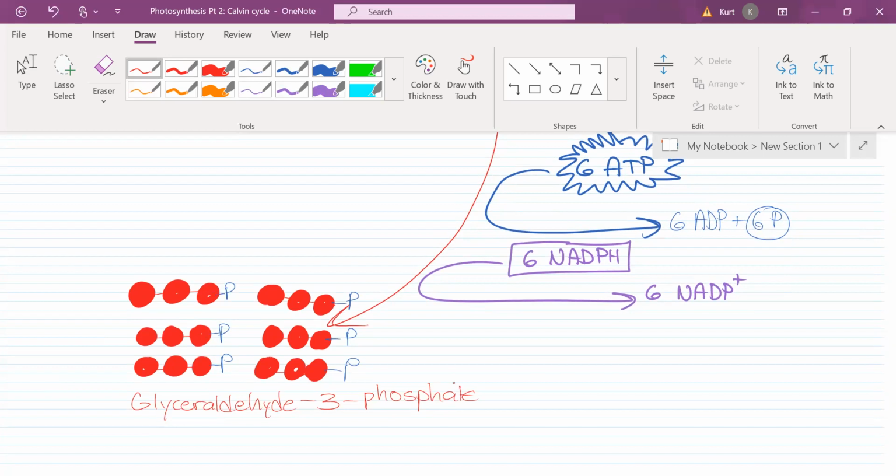Yes, Ayla? So is it like for every 6 reactions or over how many ATPs you produce, you get 1 Calvin cycle reaction, or is it 1 after the other? I don't understand what you're asking. So you know how you need 6 ATPs and 6 NADPHs? Yes. So do you make 6 from the light reaction? Well, every 1 water molecule makes 1 NADPH. So you need 6 water molecules for that.